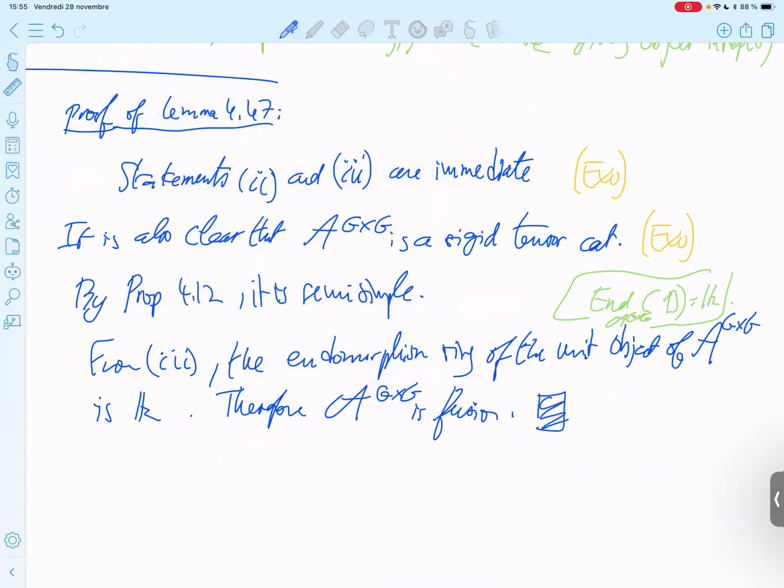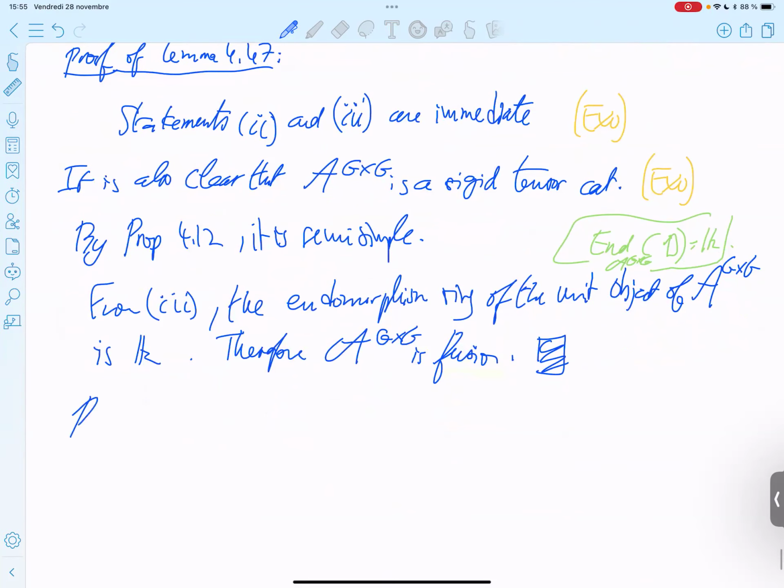Okay. So now, another remark involving the Deligne tensor product. Remark 4.49.